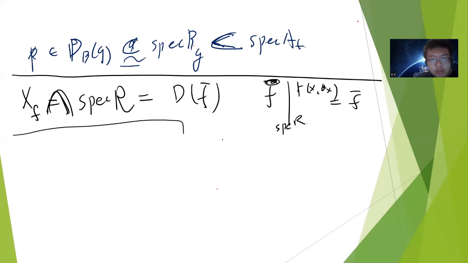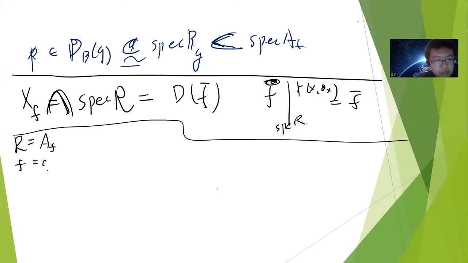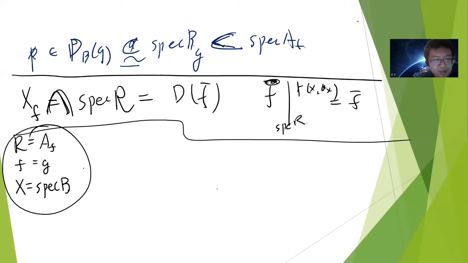Maybe you think a little bit: I should choose R to be A_f, f to be g, and X to be Spec B. So this tells me that for Spec B_g, let's replace it.